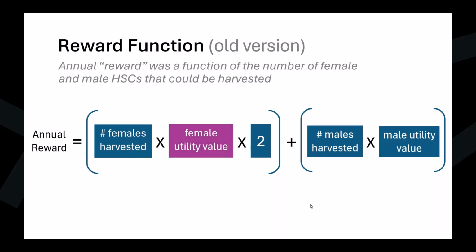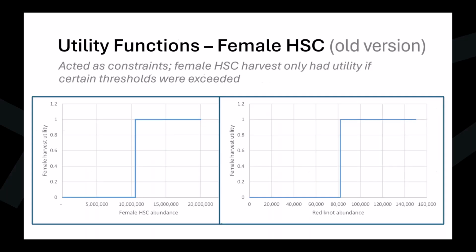So I think if you click forward, we'll see that the female utility value is highlighted in purple. And so that's just indicating that we're going to walk through the female utility curves. So these are graphical depictions of the utility curves. And so just like the curves that Brian showed earlier, on the y-axis on the left, it shows utility.